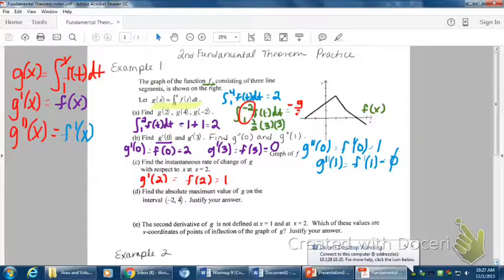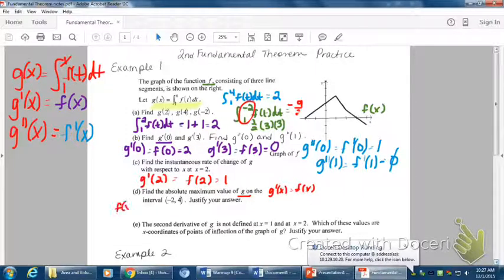Alright, D. Find the absolute maximum of g on the interval from -2 to 4. Alright. Normally when we try to find the maximum or minimums, we find the derivative, set it equal to 0, and then find our values. Okay? Well, the derivative of g is f. We've already figured that out.